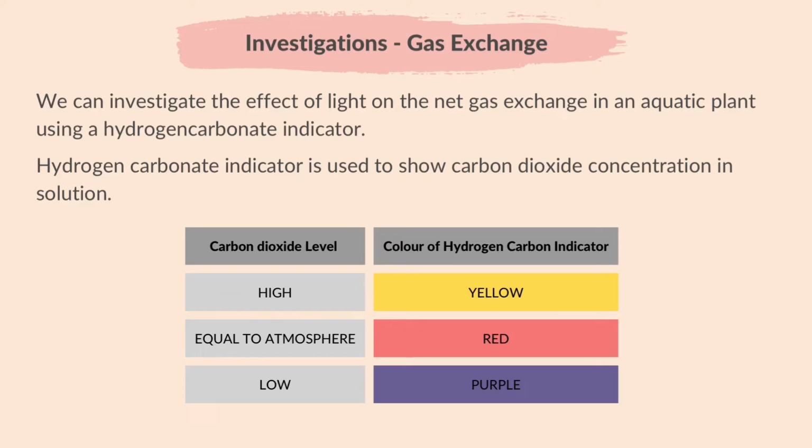The table shows the colors that the indicator turns at different levels of carbon dioxide concentration. So it turns yellow in high concentrations of carbon dioxide. The indicator turns red when it's in equilibrium with carbon dioxide in the atmosphere. And it turns purple in low concentrations of carbon dioxide.